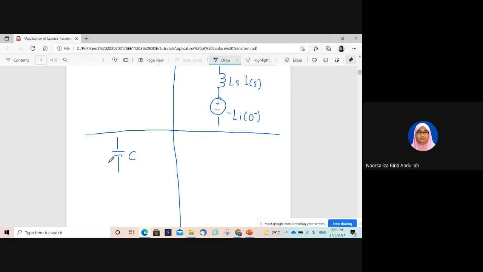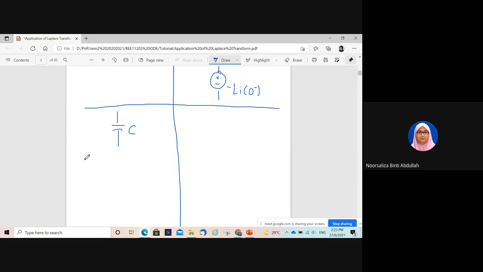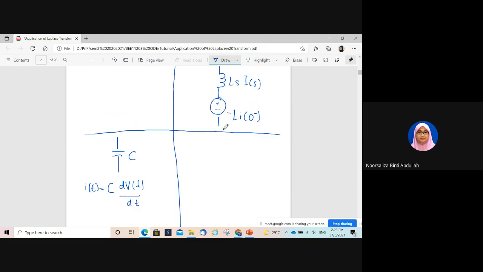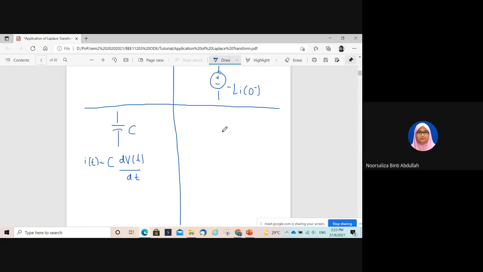For C, you will get i(t) equals to C d, you differentiate the voltage, then you get current. You all have already learned this, right? You are already very expert in this.